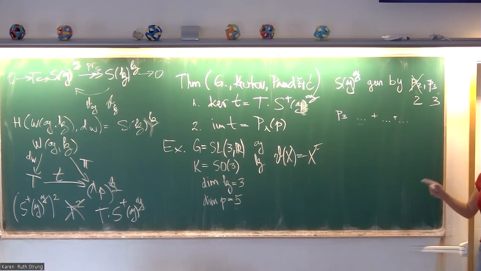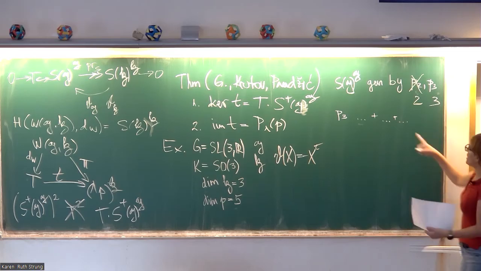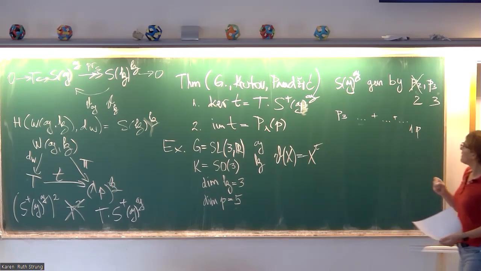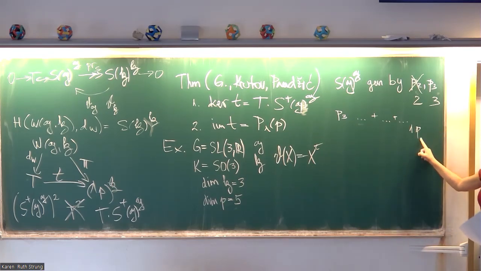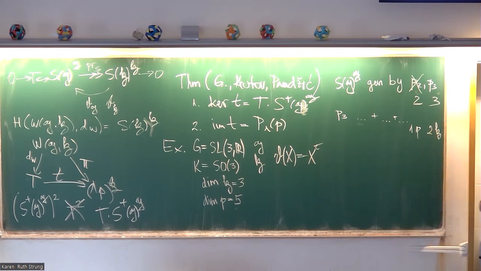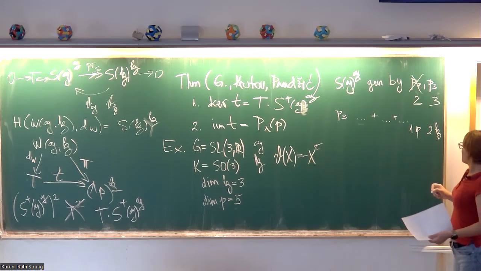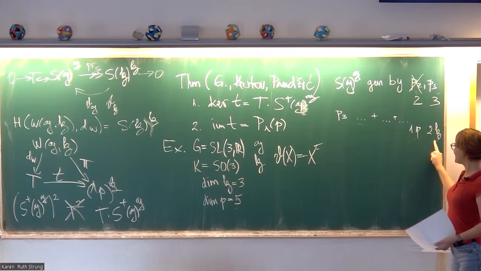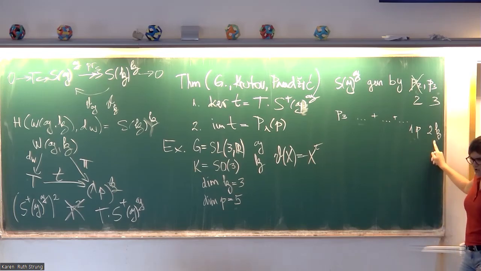Now, the transgression is going to kill some of them, but not all of them. The terms that could survive the transgression are the ones that have precisely 1 factor from P and 2 factors from K. You might be surprised to learn that this conclusion is actually a consequence of some integration.